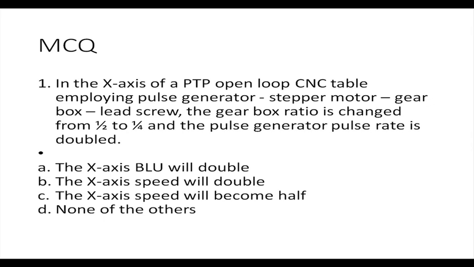Gearbox is changed from half to 1/4 and pulse generator rate is doubled, and the choices are, as a result, the x axis basic length unit will double, the x axis speed will double, the x axis speed will become half and none of the others. Okay. So, let us keep in mind two things: gearbox reduces from half to 1/4 and pulse generator pulse rate is doubled.